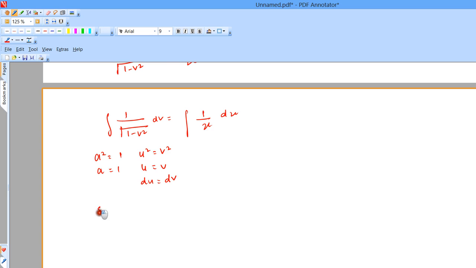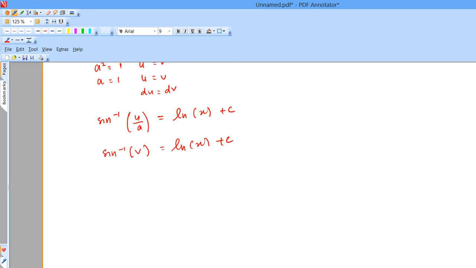We get sine inverse of u over a equal to ln x plus c, and then substitute: sine inverse of v over a, where a equals 1, equal to ln x plus c. And lastly, just substitute v equal to y over x. So we get sine inverse of y over x equal to ln x plus c. Okay, thank you.